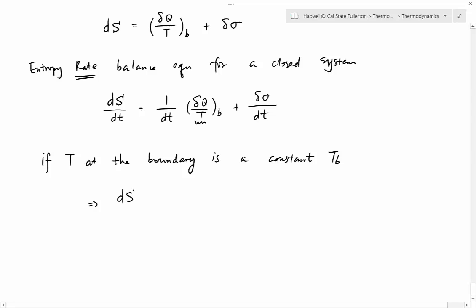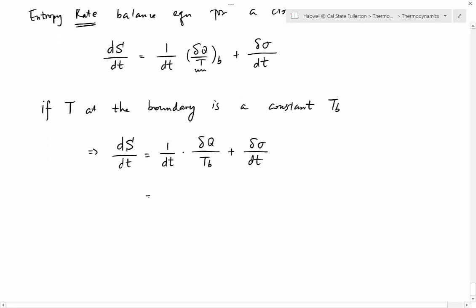The left-hand side will still be dS over dt, and the right-hand side keeps 1 over dt. This time delta Q, Q will just be the heat transfer, divided by TB alone. Because the temperature is the same, you have the same denominator, so you can just change it to TB. And then plus delta sigma over dt.